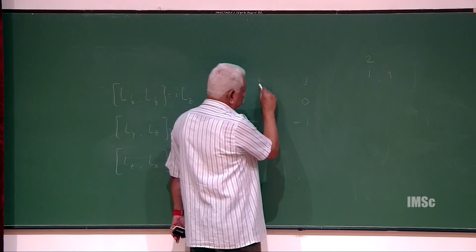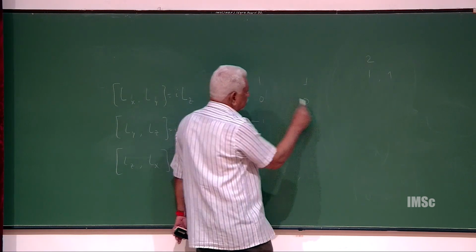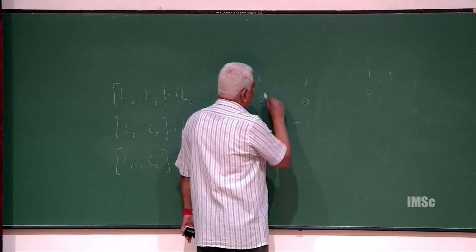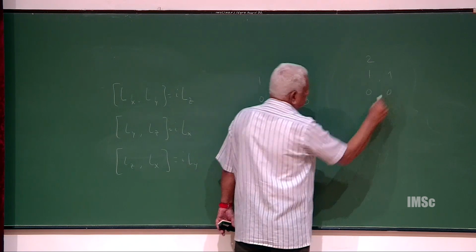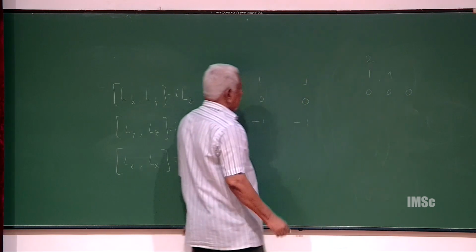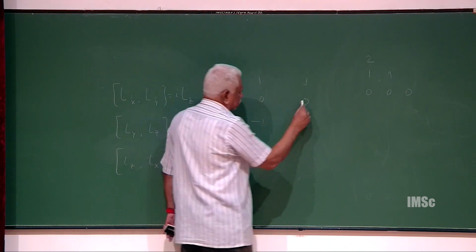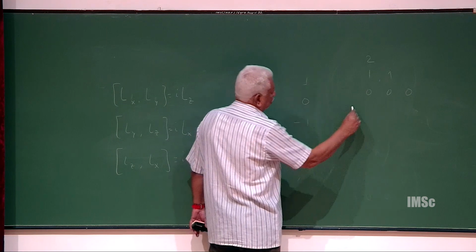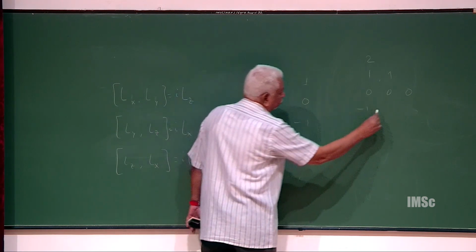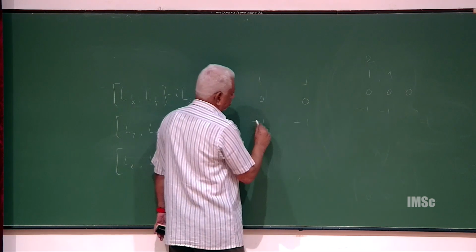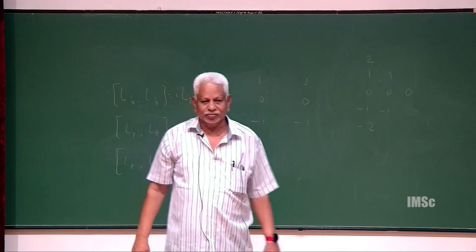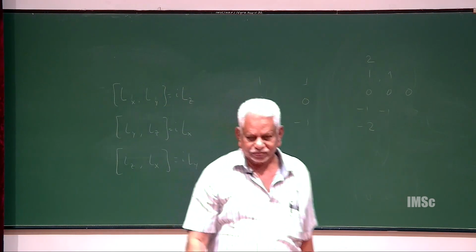And then I can go to 0 by 0 plus 0, or I can go to 1 minus 1 which is also 0, and -1 plus 1 which is also 0. And then -1 with 0 will give you -1, and 0 and -1 will give you -1, and then -1 with -1 is -2, right. This is what I will get.